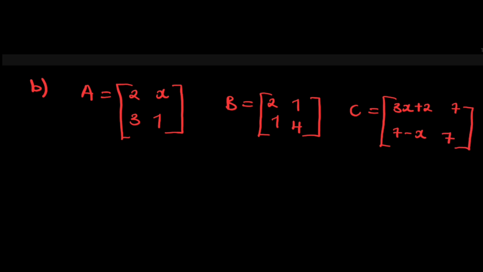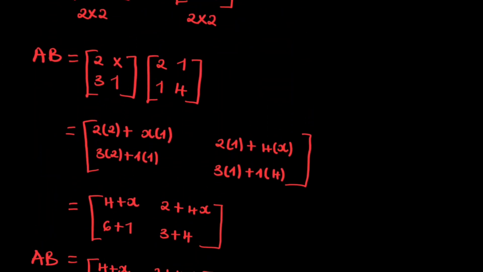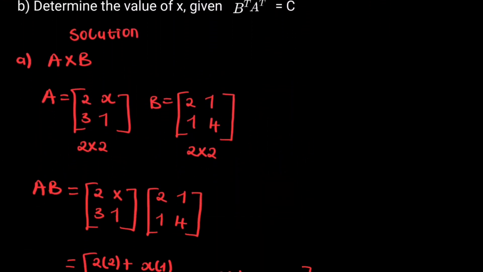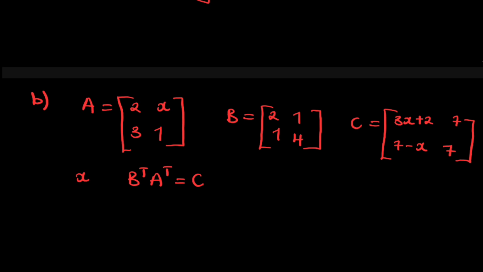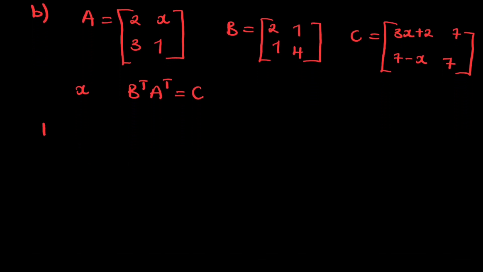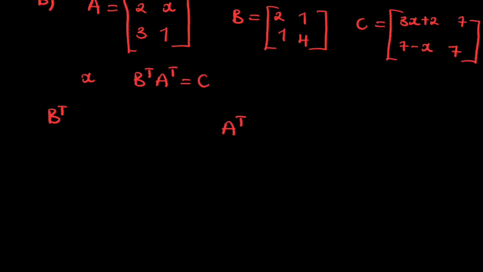The question says we should find x given that B transpose times A transpose is equal to C. Let me verify that. So we get B transpose, we get A transpose, and then we take the product. Now let's have B transpose.